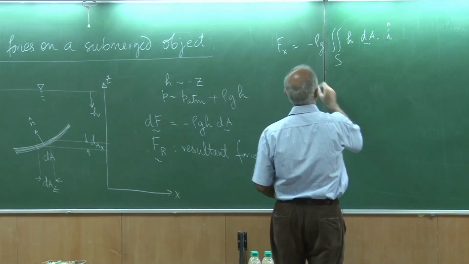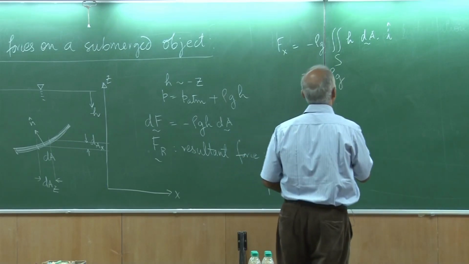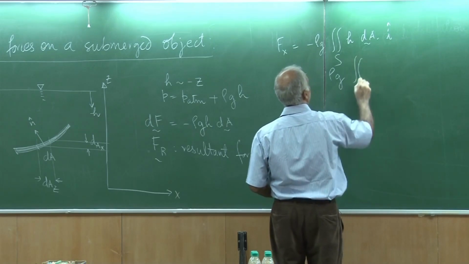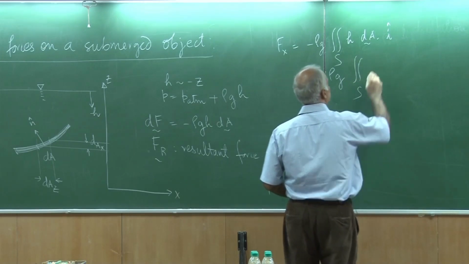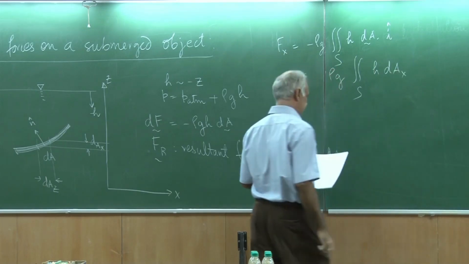And this would become rho g times the integral over the area S of h dAx.